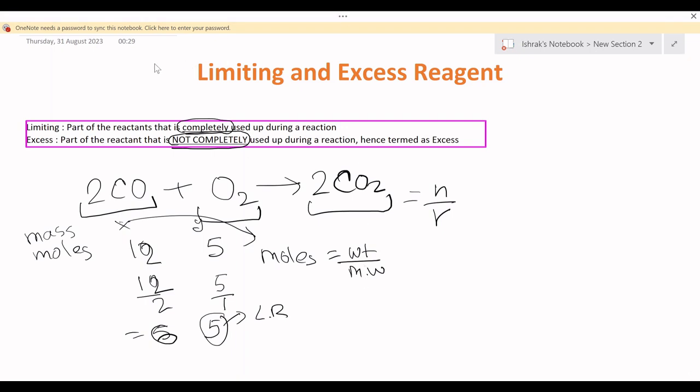Do we take this coefficient into account? Nope, you don't. The molecular weight for this one is just that of the oxygen molecule, for this one just carbon monoxide, and for this one just carbon dioxide. So don't ever include the coefficient in the calculation. It's just going to be C and O2. There is no 2. You don't put that, because sometimes people make that mistake.